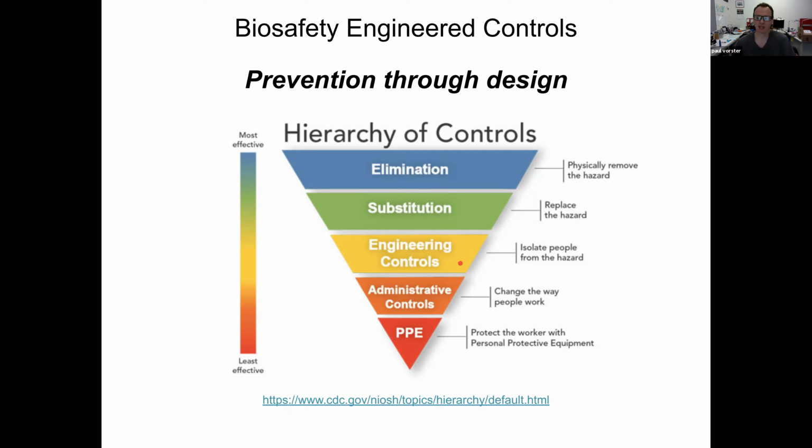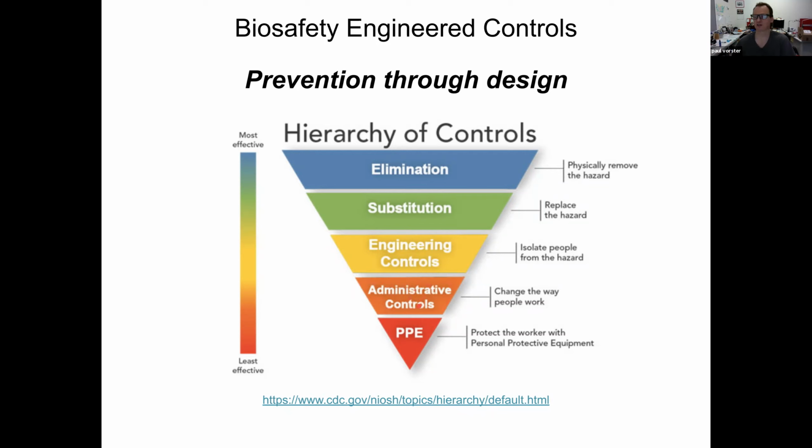And here's this thing called engineering controls. These are things that are built into a lab. Things like a laminar flow hood, an autoclave. So engineered controls are things that are engineered into the lab space to help you safely work with a dangerous organism or dangerous substance. And then administrative controls, again, less effective, but actually very, very important.